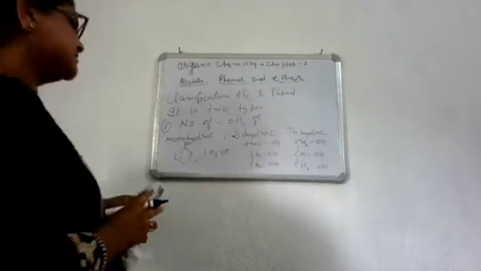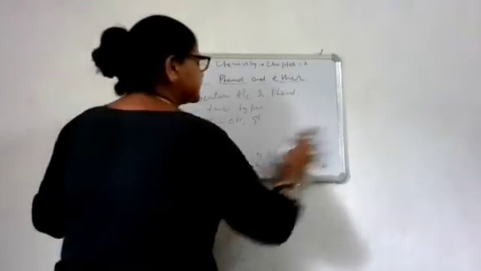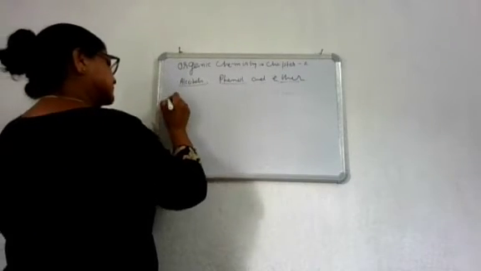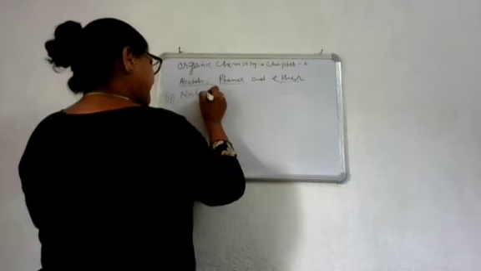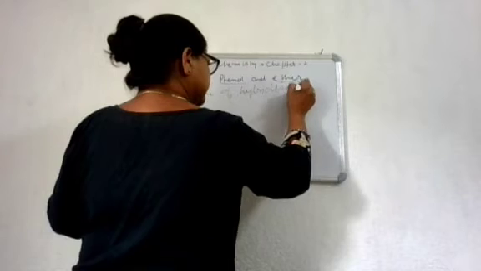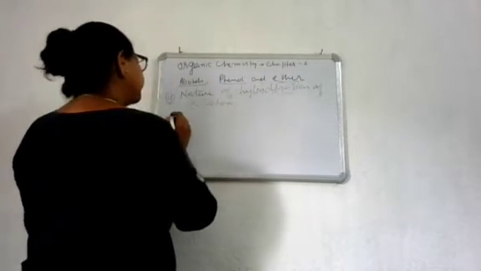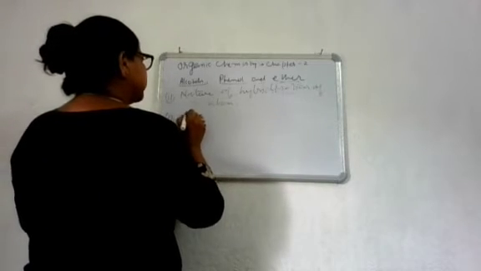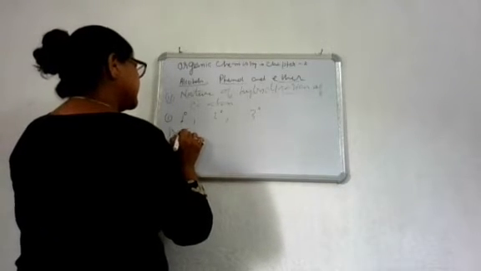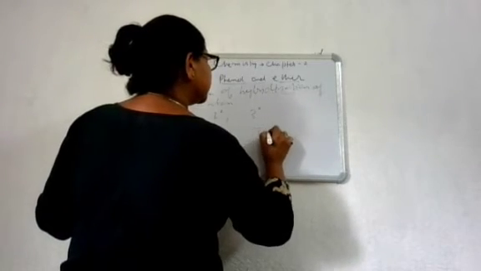The second classification is the nature of hybridization of the carbon atom. It is 1 degree, 2 degree, 3 degree: primary, secondary, tertiary.